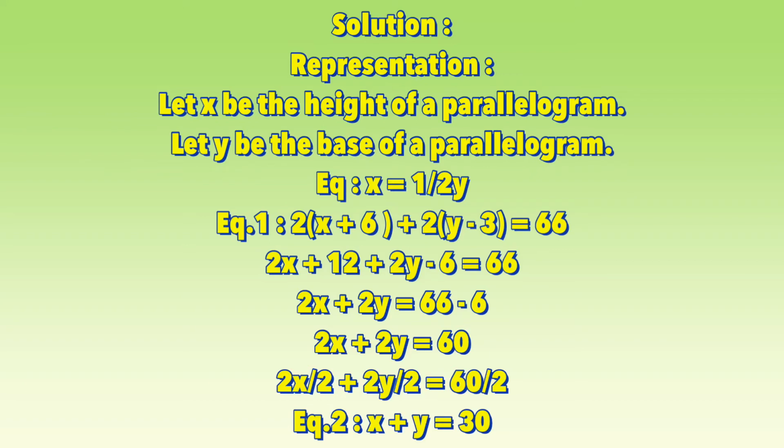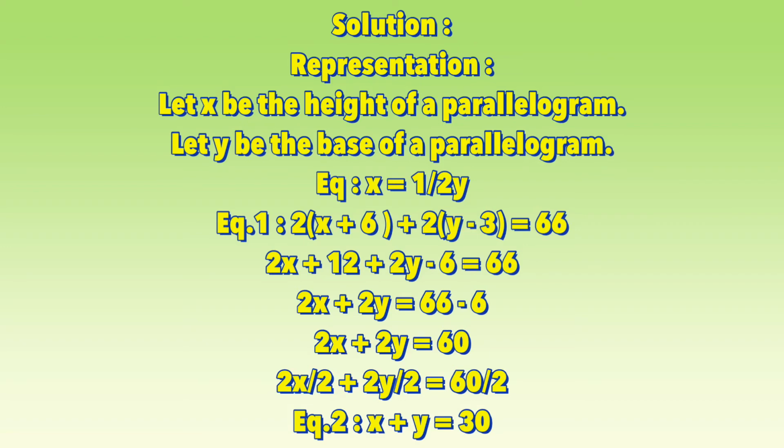And for equation 2, we have 2 times (x plus 6) plus 2 times (y minus 3) equals 66. This comes from the statement, its height is increased by 6 and its base is decreased by 3, its perimeter will be equal to 66.